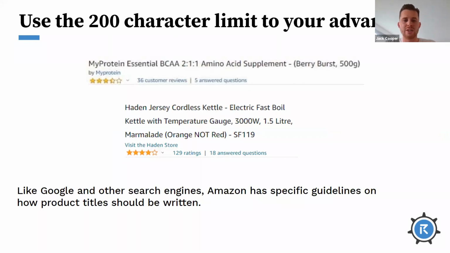Within this category, you can see you have 200 characters available in the title. This is one of the most highly indexed areas of Amazon, meaning that Amazon's algorithm is going to be scanning product titles to locate the listing, understand the listing, and then rank it accordingly for different search terms.